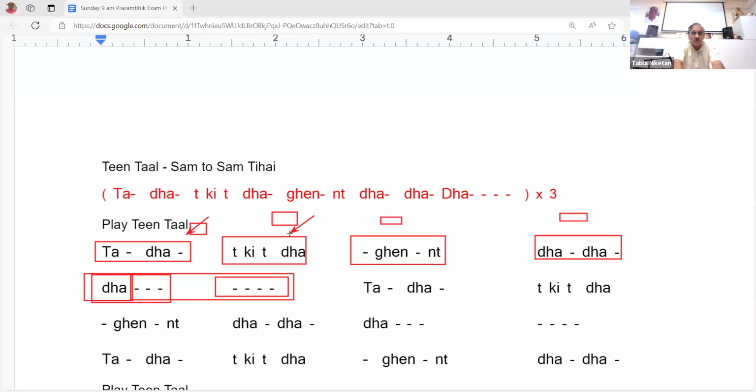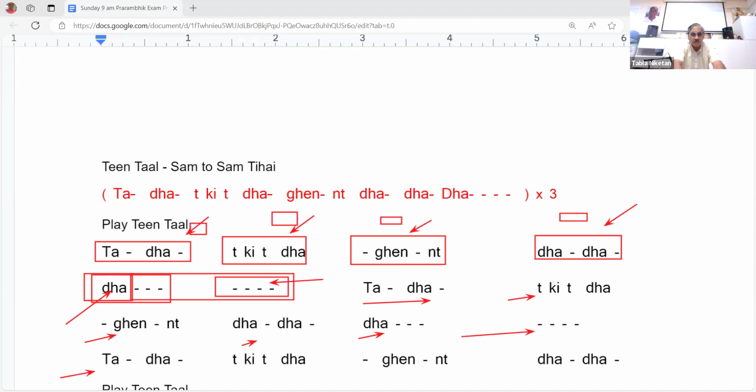1, 2, 3, 4, dha, and pause. So how much am I counting? 1, 2, 3, 4, dha, and pause. Now let's try. So this is 1, 2, 3, 4, dha, and this is all pause.